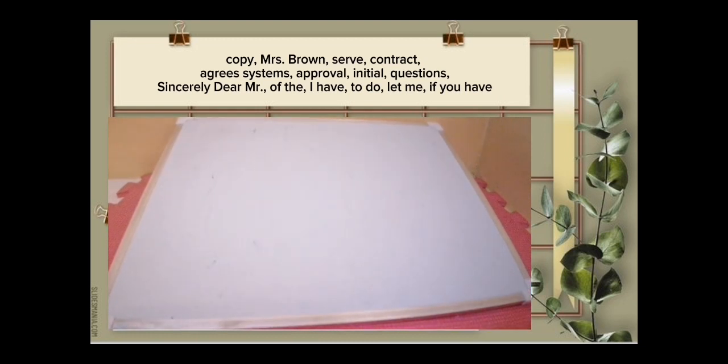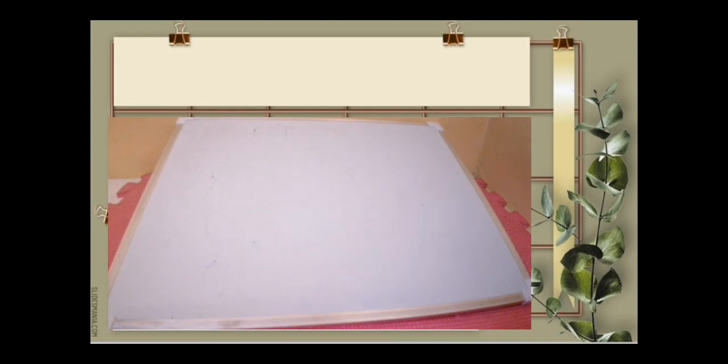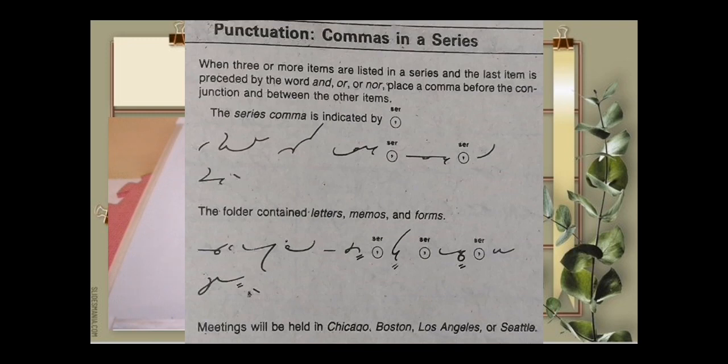And for our last topic here in lesson 42, we have commas in a series. When three or more items are listed in a series, the last item is preceded by the word and, or, or nor. Place a comma before the conjunction in between the other items.